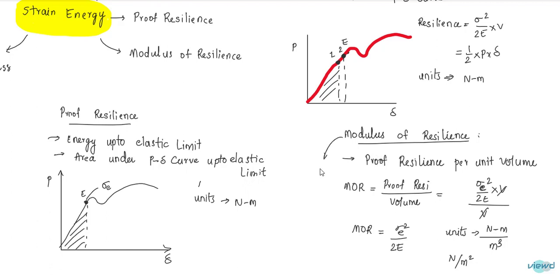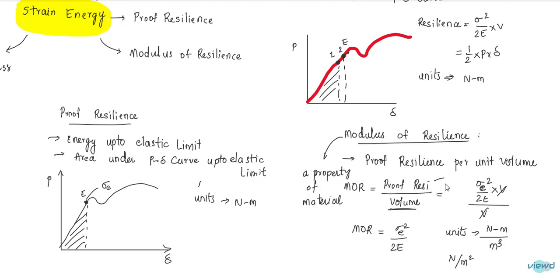This modulus of resilience is a property of material, because elastic limit will be constant for a particular material.